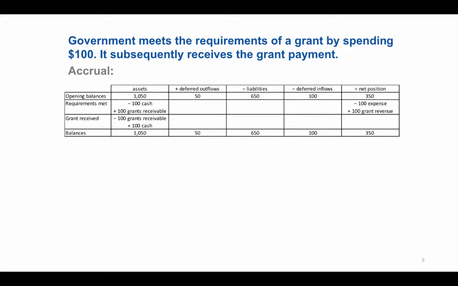So the recipient now has the $100 in cash, and that eliminates the grant receivable. But you see that the effect on net position, the part that flows through the statement of activities, is when the requirements of the grant have been met. That's when you recognize the grant revenue.